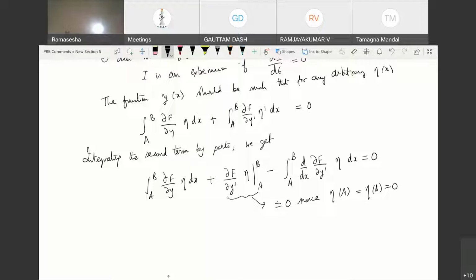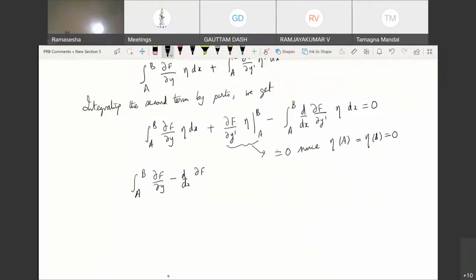Because of this, I can write down the condition as the integral from a to b of del f by del y minus d by dx of del f by del y prime, times eta dx, is equal to 0 for any arbitrary function eta of x subject to the above boundary condition.